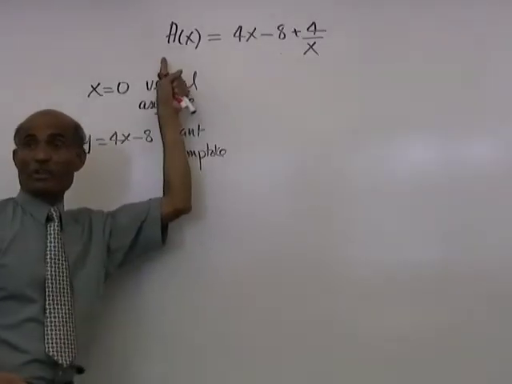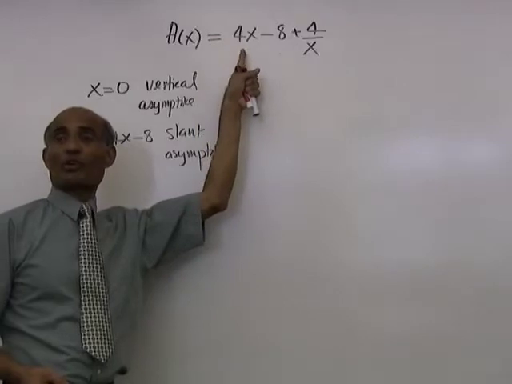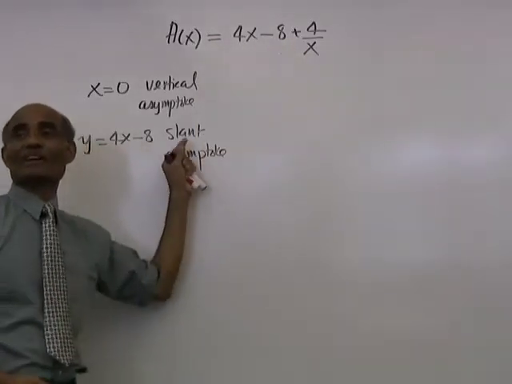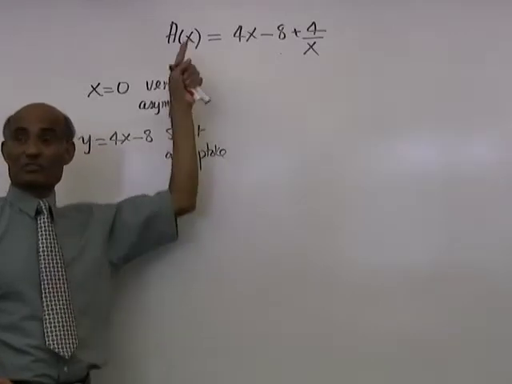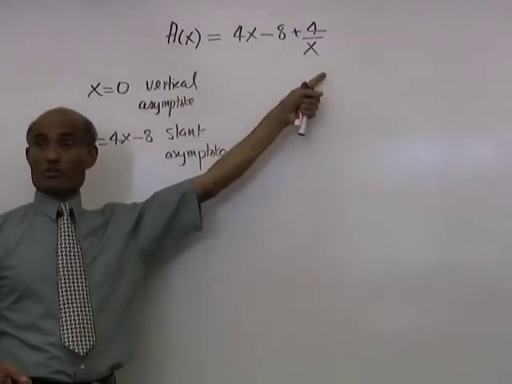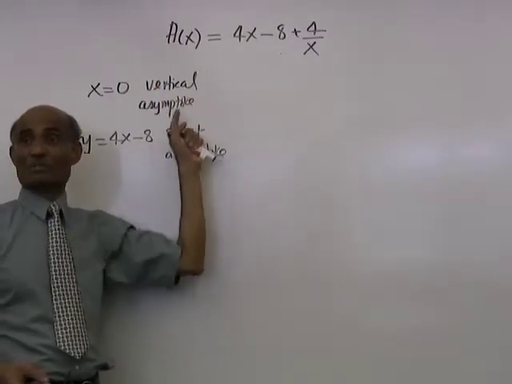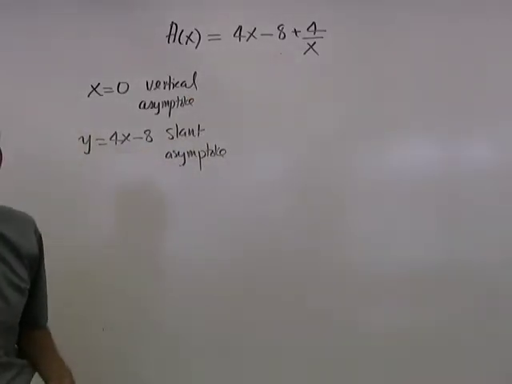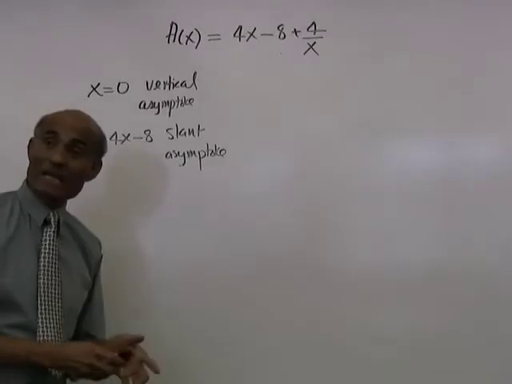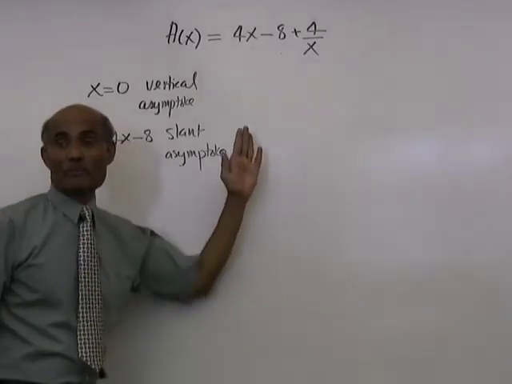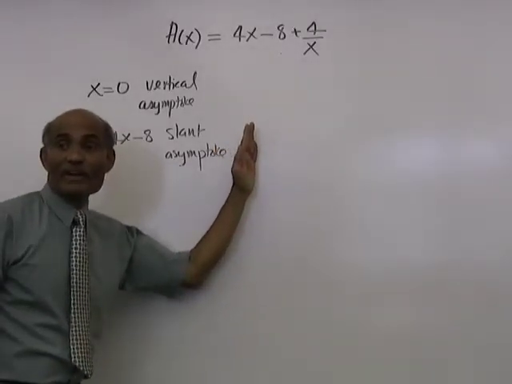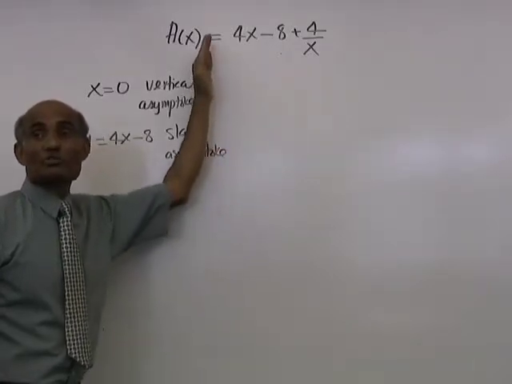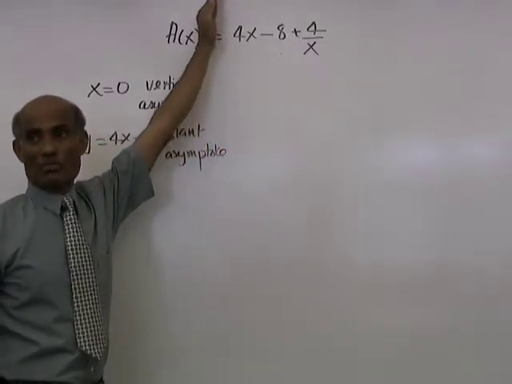This is our function a of x equal to 4x minus 8 plus 4 over x. And that gives you x equal to 0 is a vertical asymptote, and y equal to 4x minus 8 is a slant asymptote. What it tells you is that when x gets closer and closer to 0, the function goes to positive infinity.